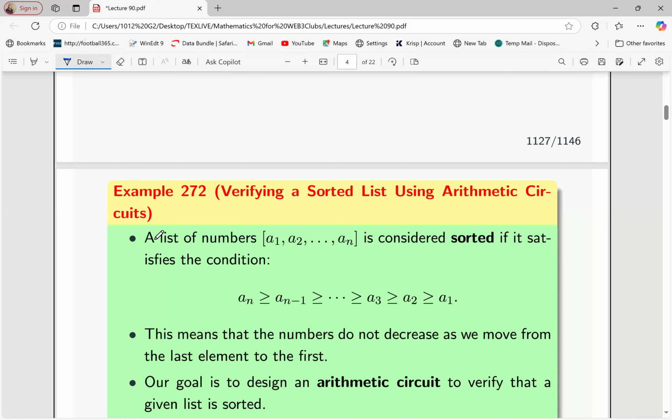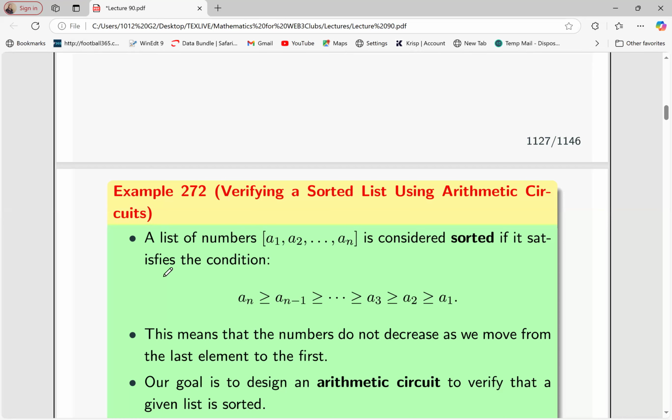But what do we mean by a list being sorted? This is the list I'm referring to. We would say that this list is sorted if it fulfills this condition: the elements of this list are arranged in ascending order.